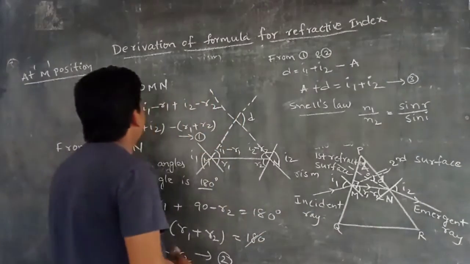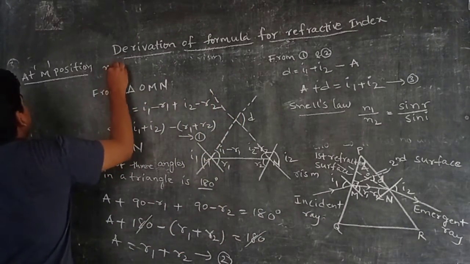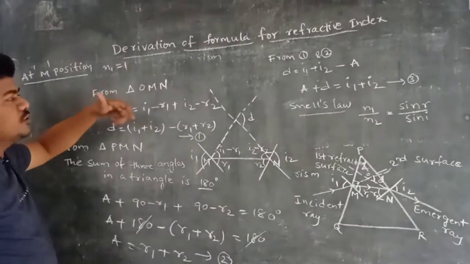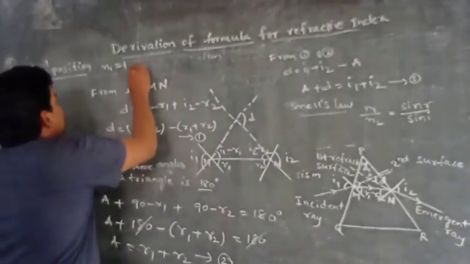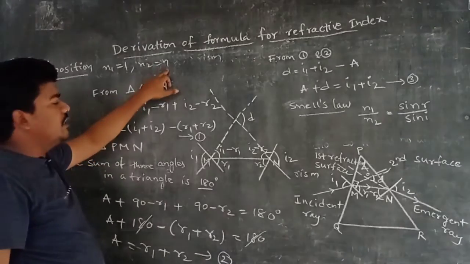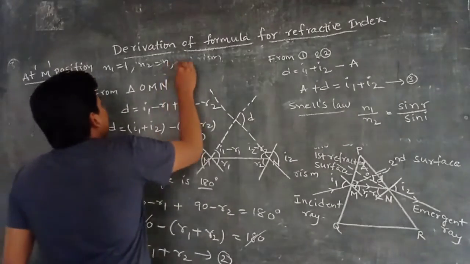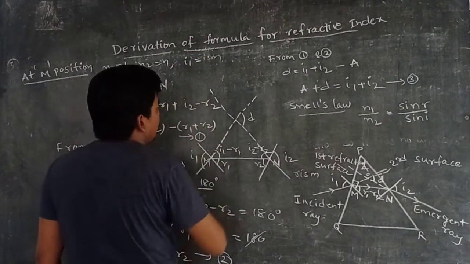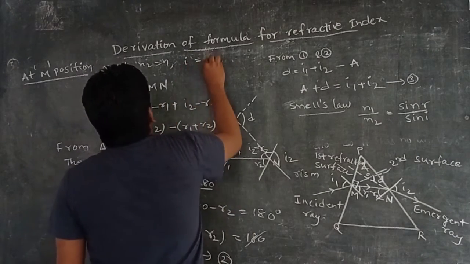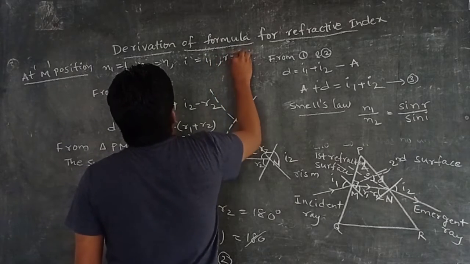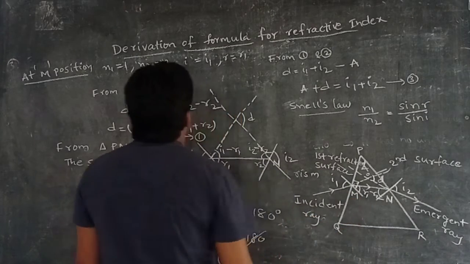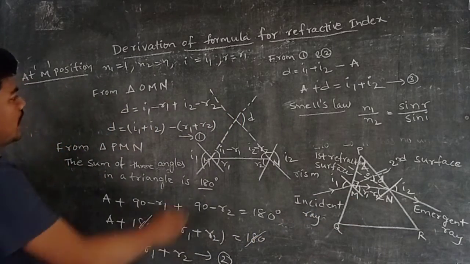So n1 is equal to 1, because we know that the refractive index of air is approximately equal to 1. Next, n2, we don't know the value of the refractive index of glass, so we take n2 as n. I is equal to I1, R is equal to R1. Then substitute these values in the equation.